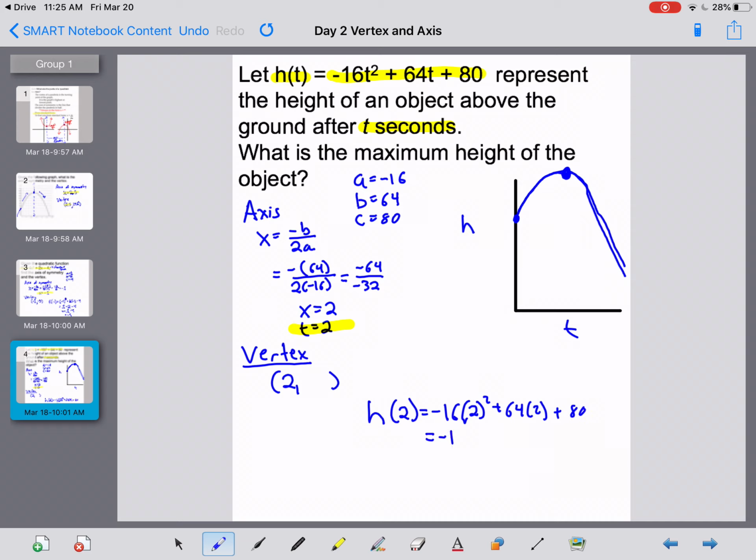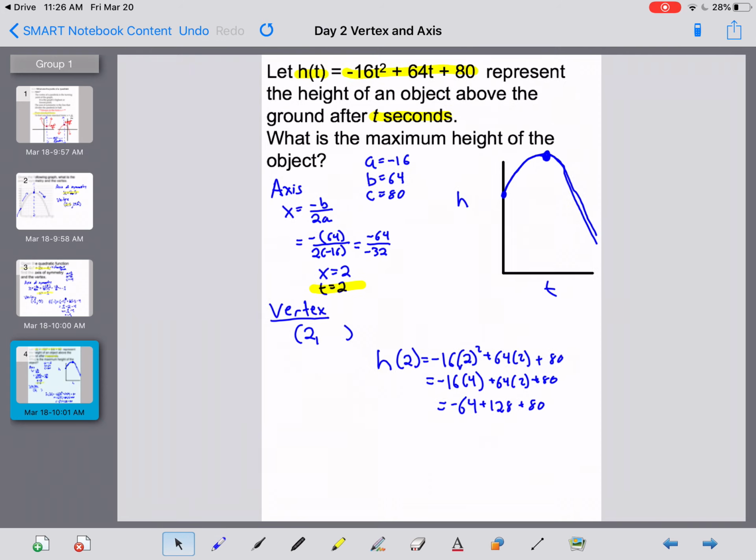When I simplify this, I'm going to do my exponents first. 2 squared is 4, plus 64 times 2 plus 80. Now, using order of operations, I'm going to do my multiplication first. Negative 16 times 4 is negative 64. 64 times 2 is positive 128, plus 80.